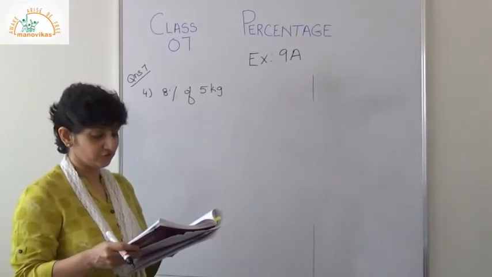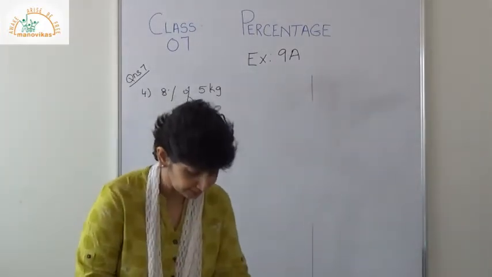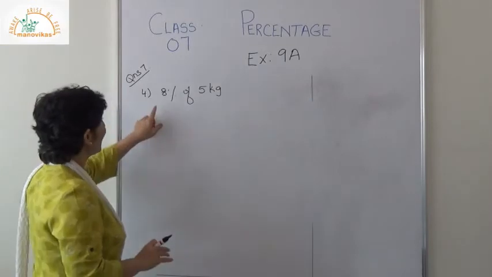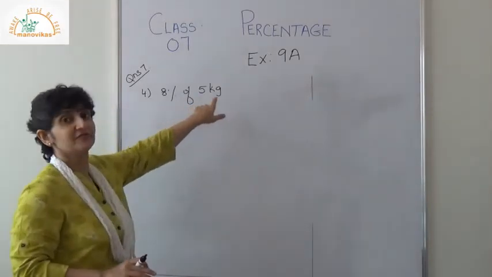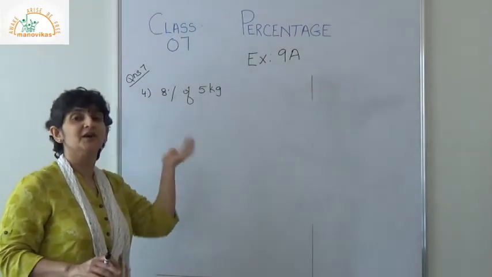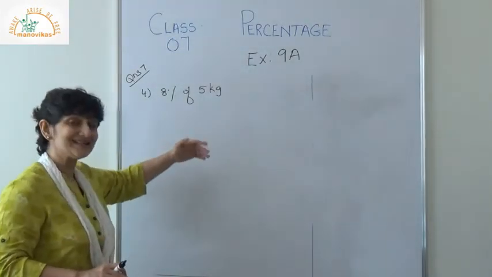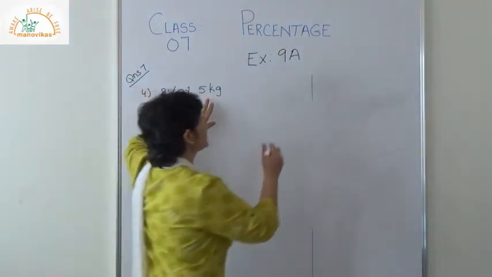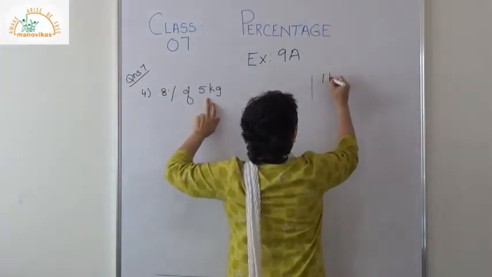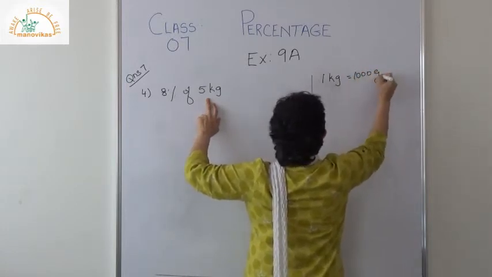Alright, now let's do question 7, the fourth sum. Now the fourth sum says 8% of 5 kgs. Now children, it's always better to convert into grams because you find it easy to do your calculations. So you know 1 kg is 1000 grams.